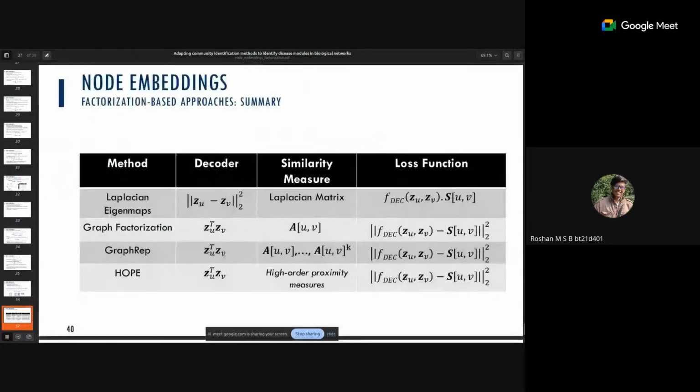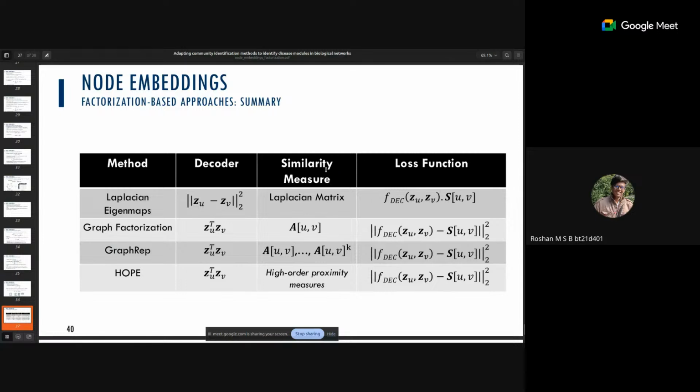How they differ from each other is the decoder function that you define, the similarity measure. The similarity measure can be the Laplacian matrix, that is your degree matrix minus your adjacency matrix, and how you formulate the loss function. Okay, so all these methods use different ways of constructing the decoder similarity measure and so on.